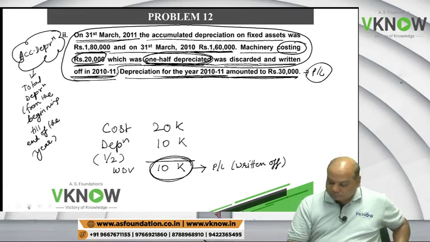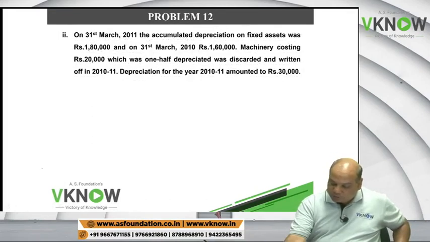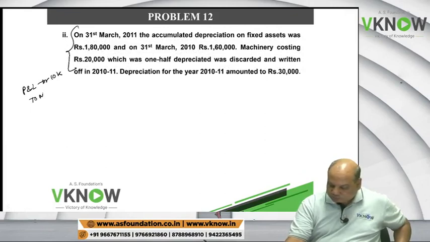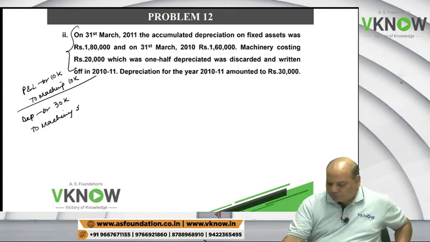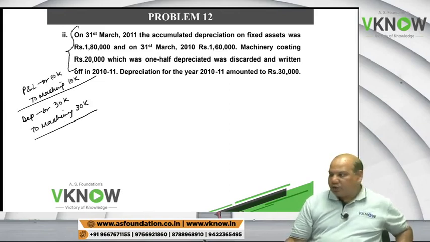Is it right? So what is the benefit of these two entries? P&L account debit 10,000 to machinery 10,000, depreciation account debit 30,000 to machinery account 30,000. These two entries a good student will write.